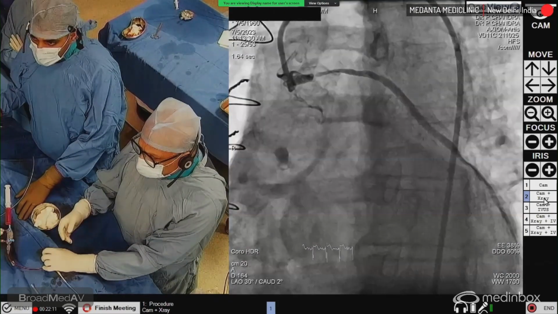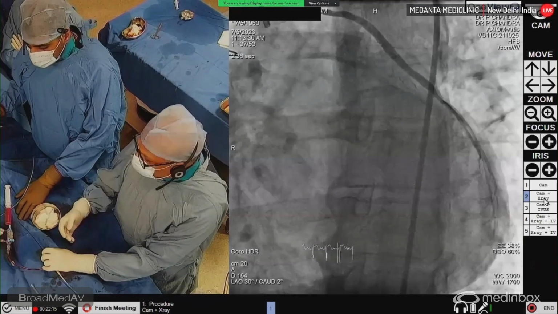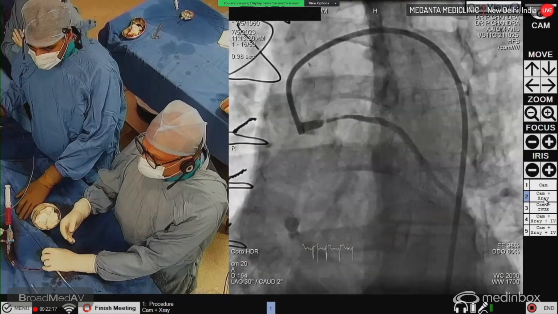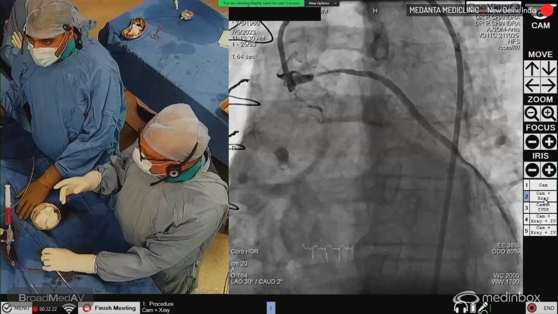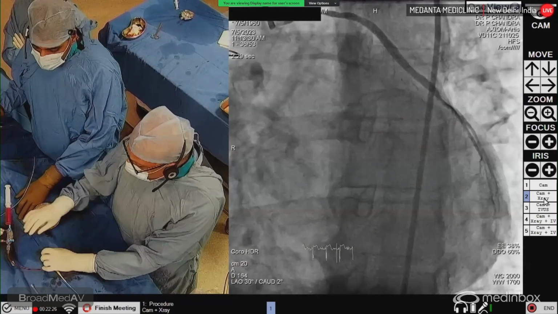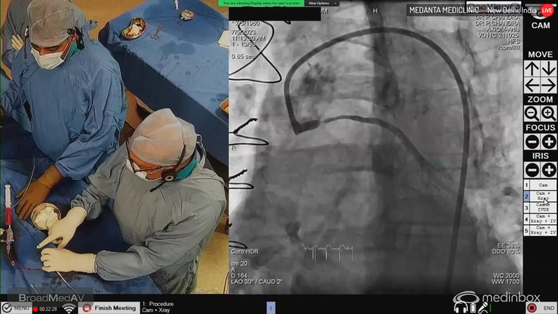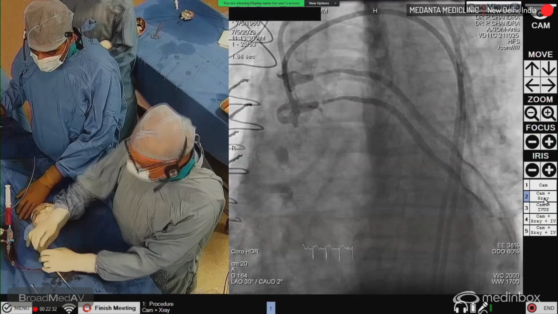We have chosen the laser because the chances of distal embolization will be lesser, and hopefully we will get a good outcome here. Then we will see whether we still want to put a distal protection or just put a stent straight away. I have taken a 1.4 laser catheter, and we will do maybe 2-3 runs and see how things go.